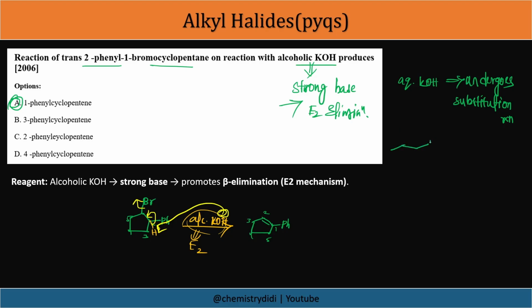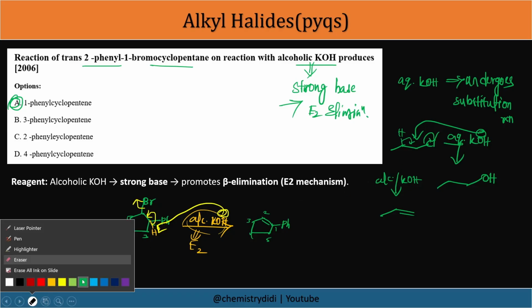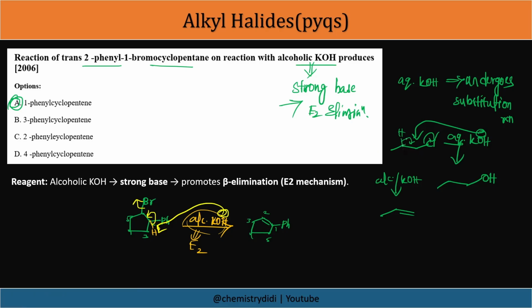Let's have an example. Let's take this. In the presence of aqueous KOH, it just replaces this chlorine with OH. If it is alcoholic KOH, then it forms an alkene. It abstracts this hydrogen from here, and this bond shifts towards here, and this will leave.